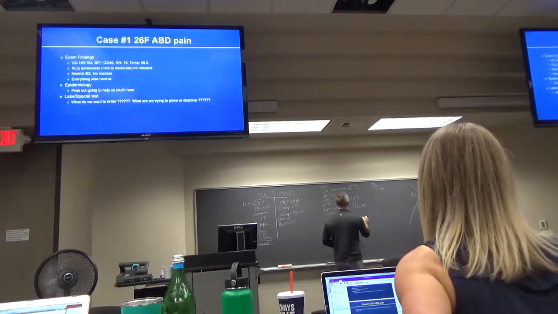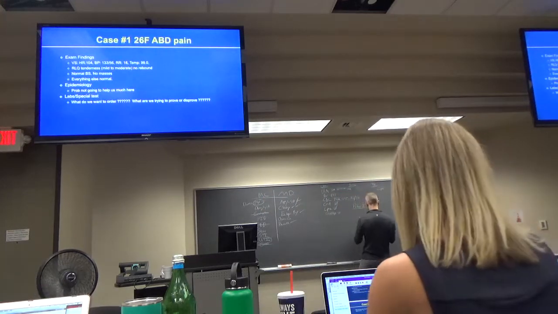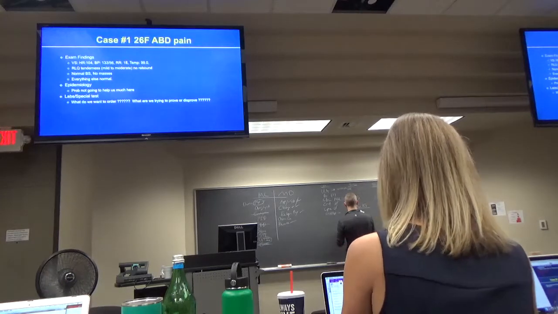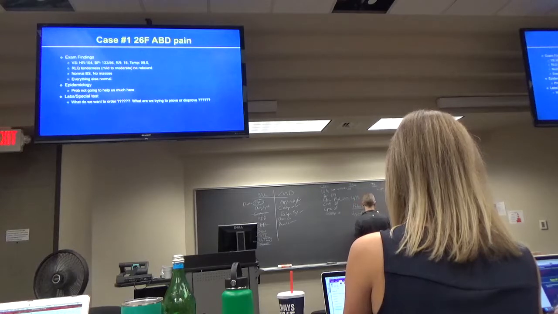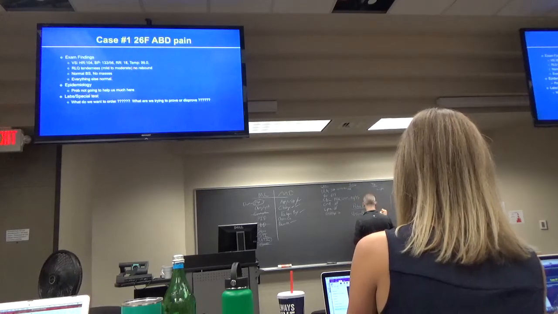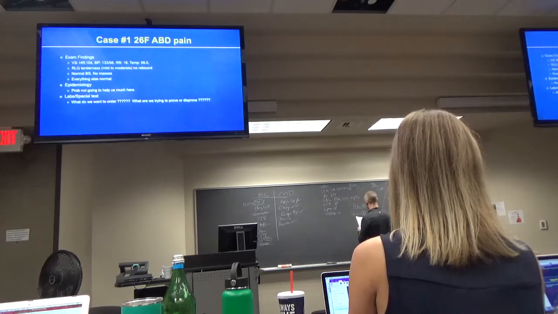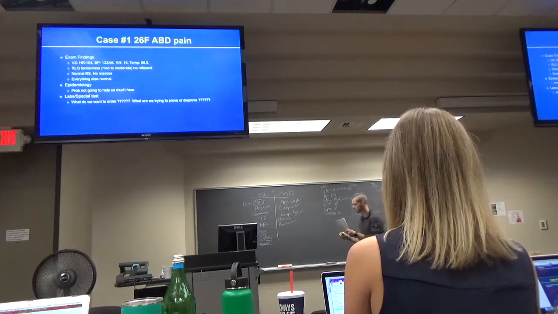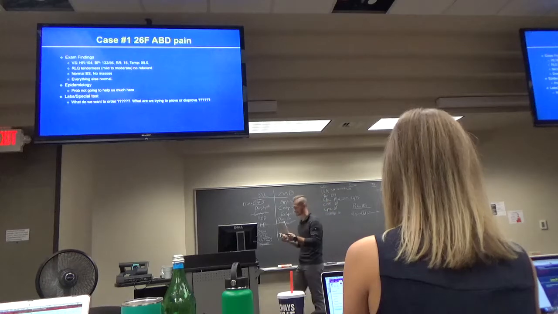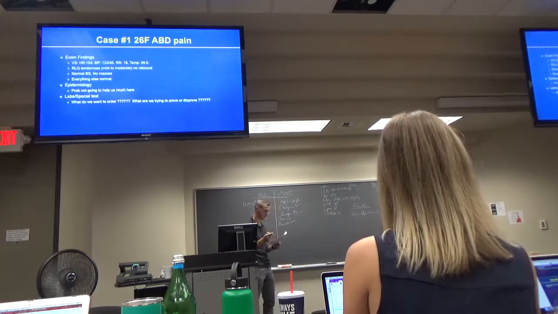Okay. All right, so the result of her ultrasound showed a 4.5 centimeter right ovarian mass. And she got her Cipro, but it didn't do anything for her pain. Oh, yeah, that's weird. Okay.